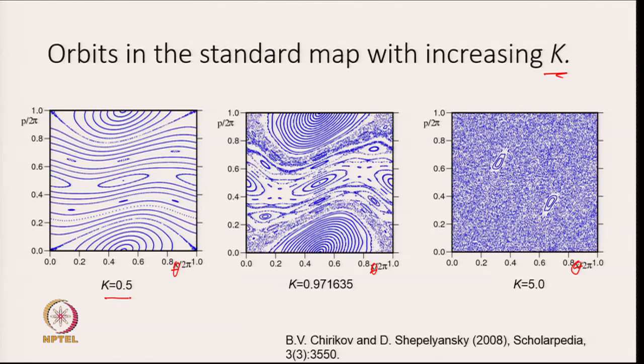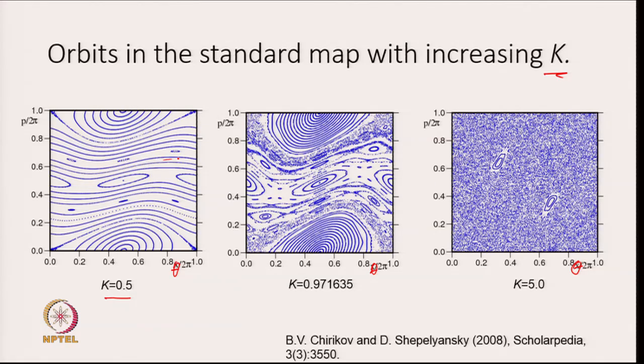For low k, k equal to a half, if I start with an initial condition over here, it will trace out a smooth curve that traverses this square from one side to the other. Most of the curves are smooth, joining back onto themselves. Occasionally you have these islands that you can see over here.